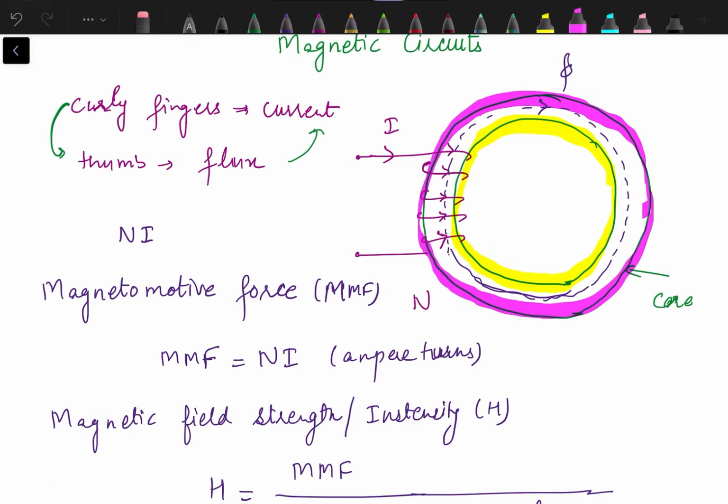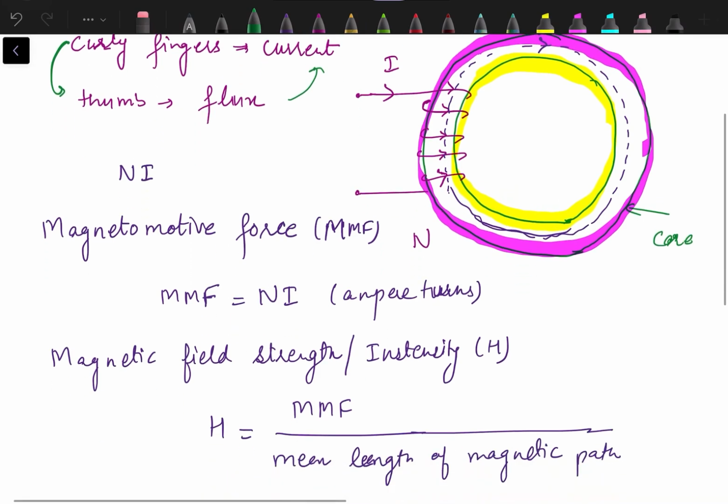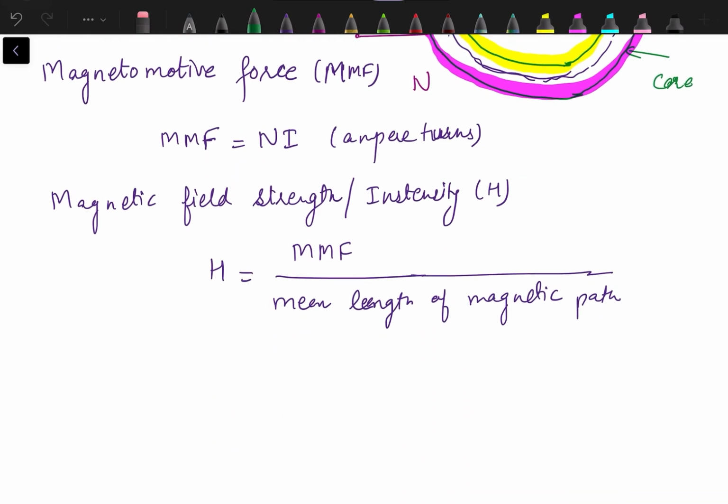So we need to find out the mean length of this magnetic path. If we have a circular or square or rectangular circuit, we always have different perimeters for the inner and outer of that magnetic circuit. So we need to find out the mean length.